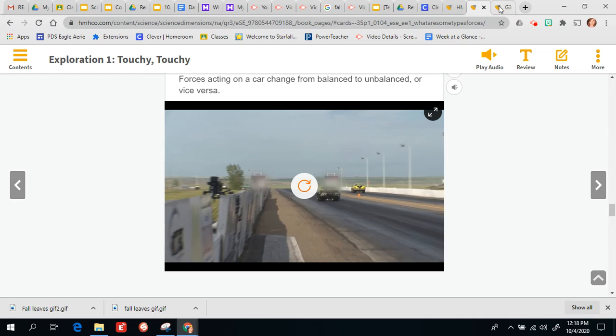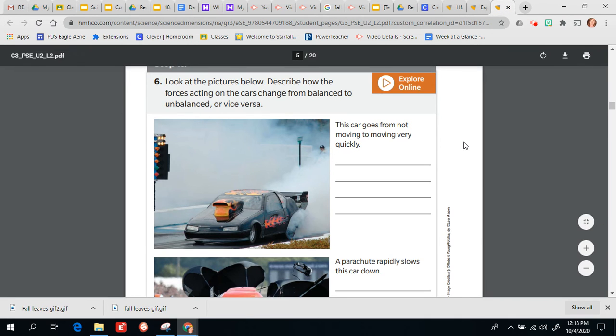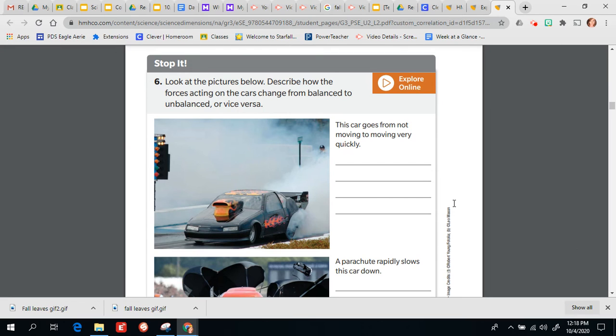All right, let's click back over and answer the questions. We need to describe how the forces acting on the cars change from balanced to unbalanced. The first picture says this car goes from not moving to moving very quickly. Describe how those forces are acting on the car and how it changes from balanced to unbalanced.